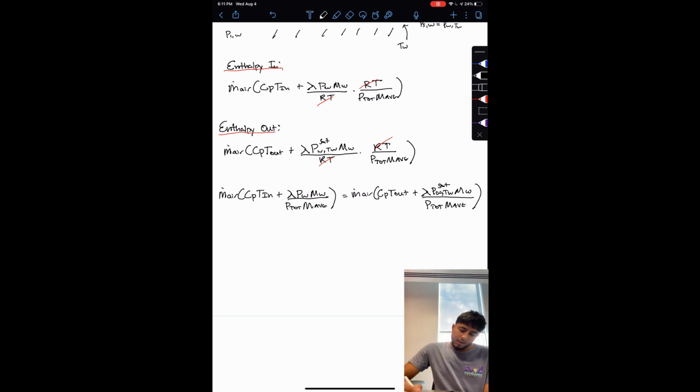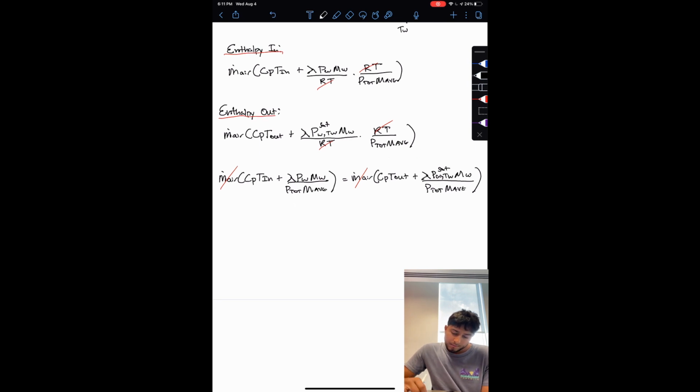So from this we can see that the mass flow rate of the air coming in cancels out, so we don't have to worry about that. And we're going to rearrange this equation.